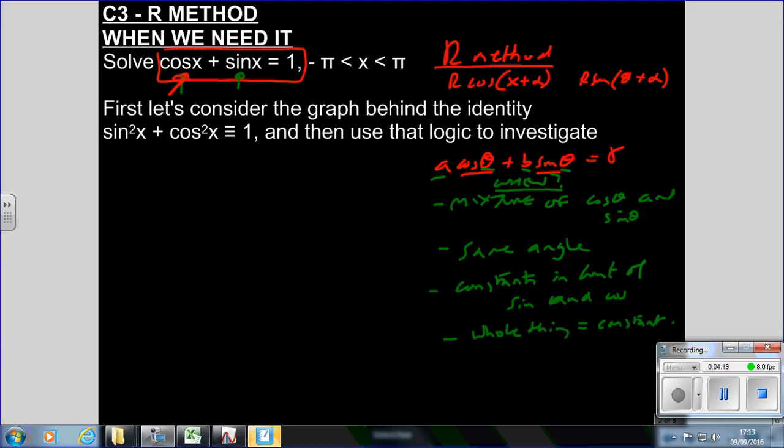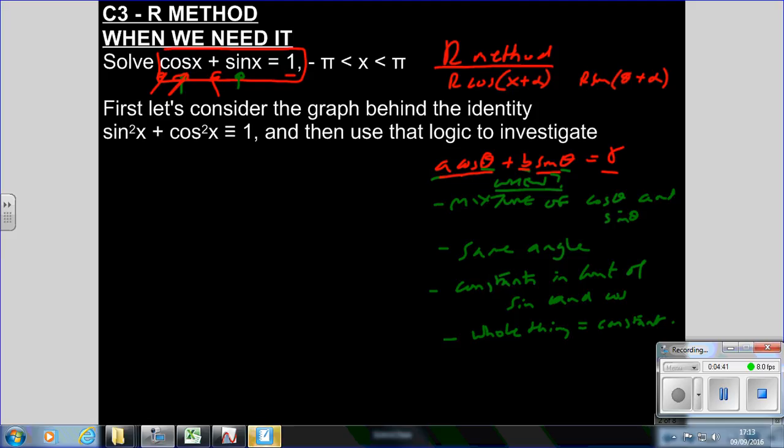If it didn't equal a constant, then you could do something else, which we'll talk about in class, which is much easier. So this does fulfill these criteria, because here a and b equal 1, and you do have a constant, equal to 1.